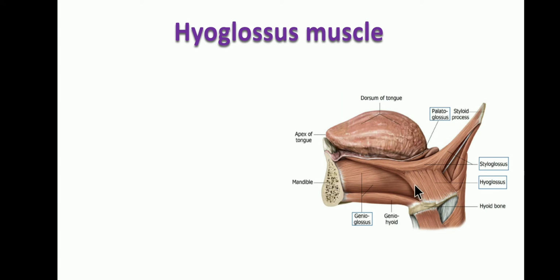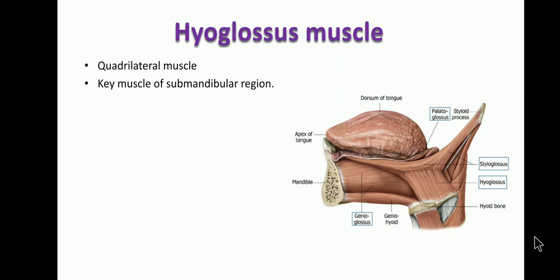This muscle is also called the key muscle of the submandibular region because so many structures are present on top of it, and it divides the structures into superficial and deep. Not only that, it also divides the lingual artery into 3 parts.